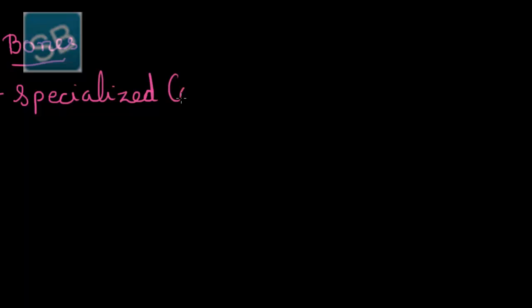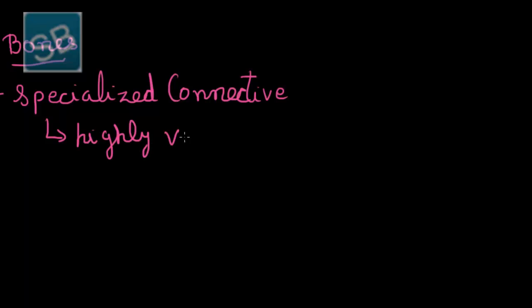Till now we have understood one of the two types of skeletal tissue, that is cartilage tissue. Now we will start with another type of skeletal tissue, that is bones. Bone is also a specialized connective tissue that performs various functions. This type of tissue is highly vascular and mineralized.